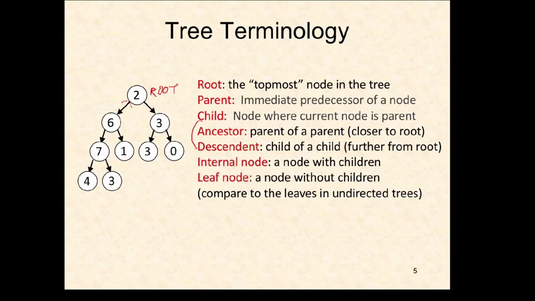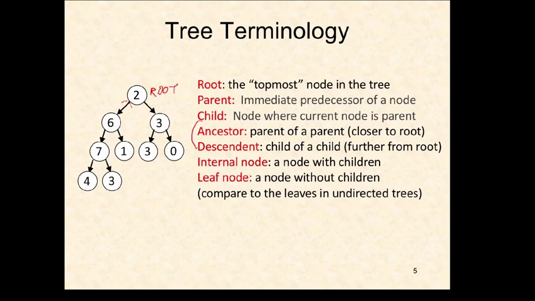So I know we're lagged by 30 seconds here. So I should have thought of this and done an example at the beginning. So here, for example, 4 would be a descendant of 6, 0 is not. 2 would be an ancestor of everybody. 6 would be an ancestor of 4. 0 is not an ancestor of 4.